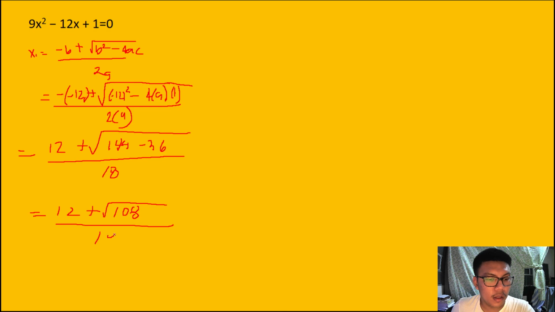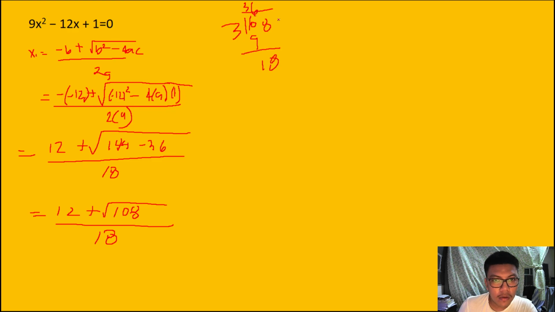all over 18. So ito pwede nating i-divide sa tatlo. Try natin. So 108 divided by 3, that is equal to 36, so 3 times 3, 9 and 18.